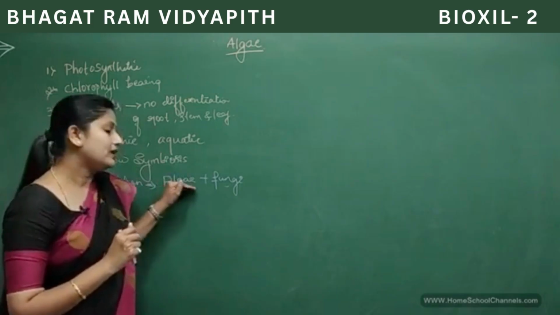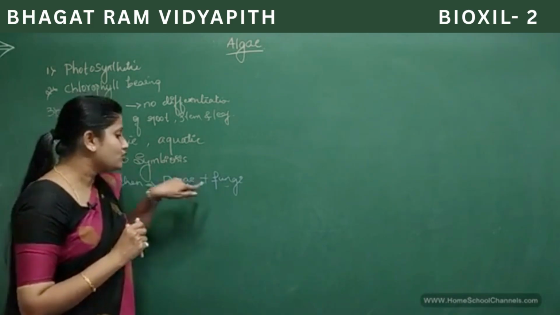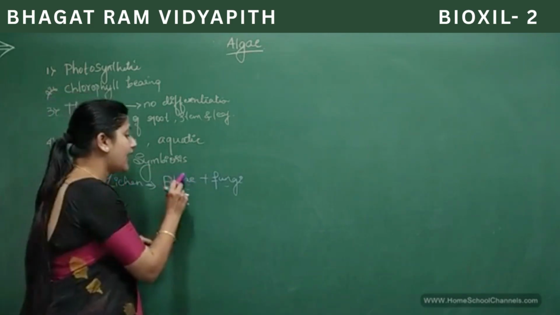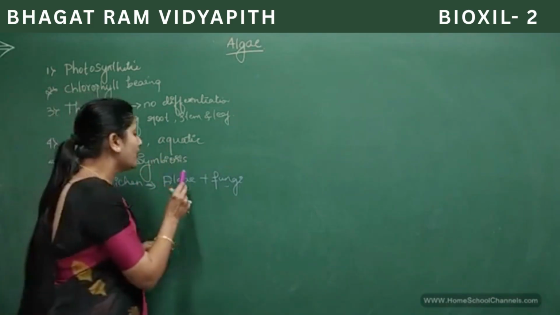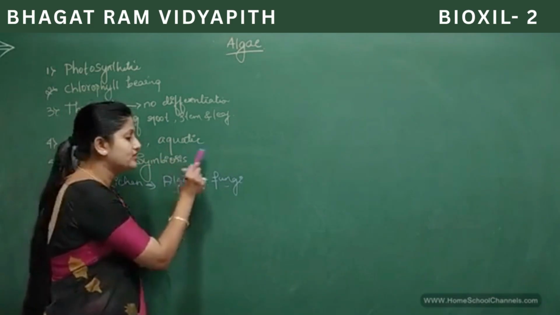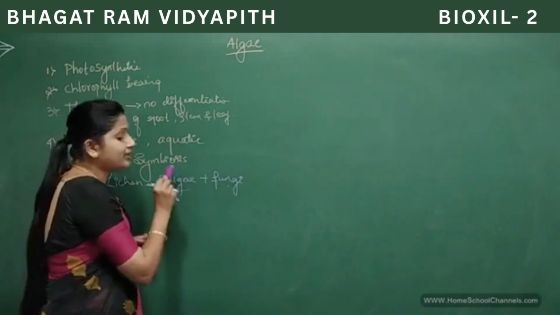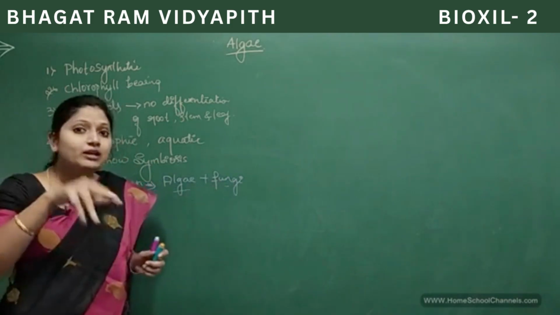This algae cannot live without fungi and this fungi cannot live without this algae. Algae is photosynthetic in nature. It is able to prepare its own food, so it is preparing the food and giving it to fungi. On the other side, fungi is providing shelter to the algae, as well as these fungi are filamentous in nature.